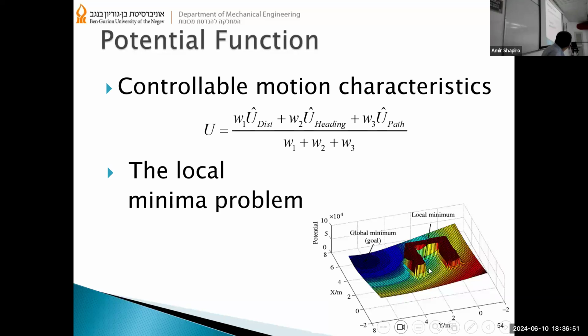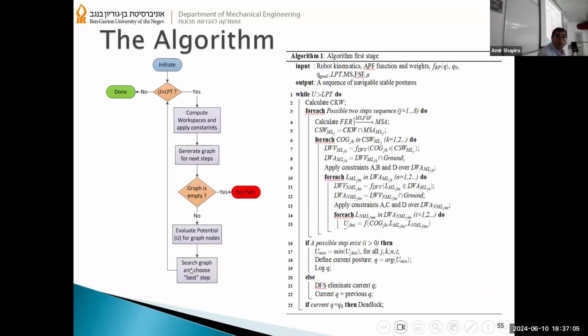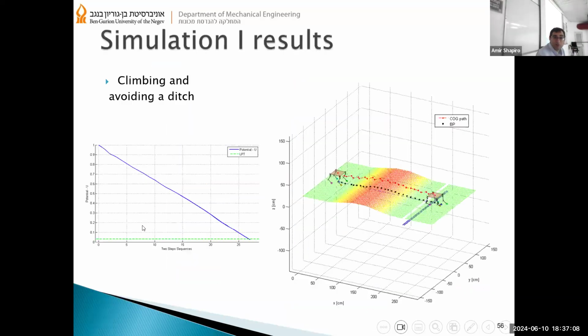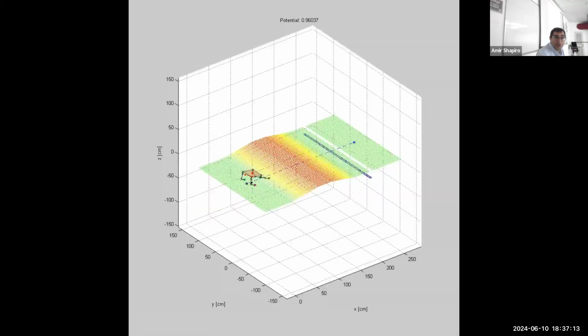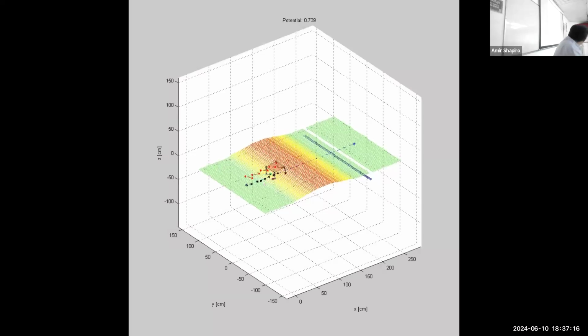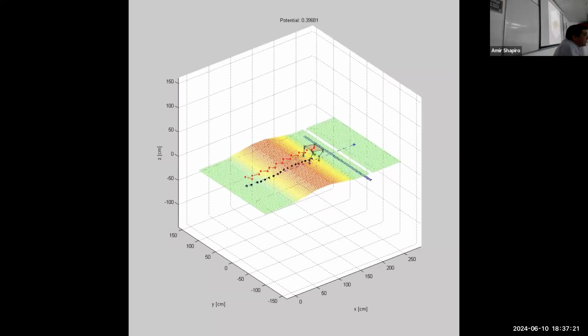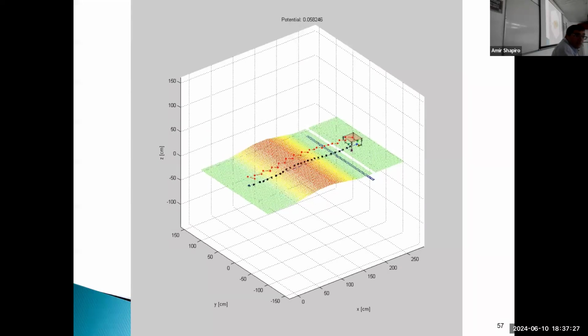You can see here that for a potential function, there is a problem of local minima. This is the algorithm. I won't get into all the details, but you can see here some simulations of this robot walking and changing the position and also overcoming a ditch there.